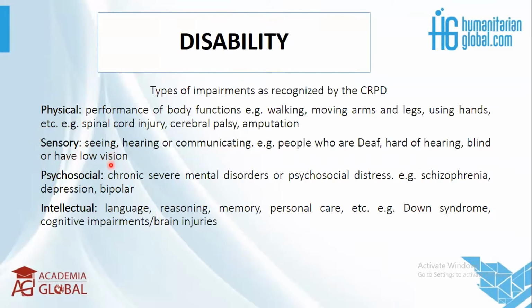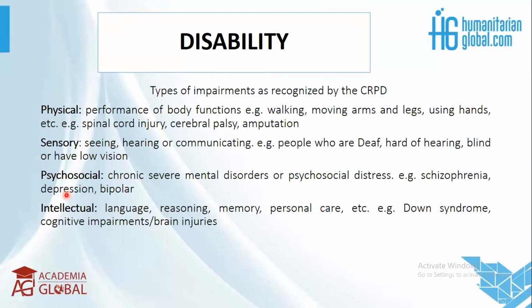There are those who have psychosocial impairments. These are chronic, severe mental disorders, like schizophrenia, depression, or bipolar. So these impairments are psychosocial. We also have intellectual impairments. These are categorized like language, reasoning, and memory, and also those who are not able to do personal care.